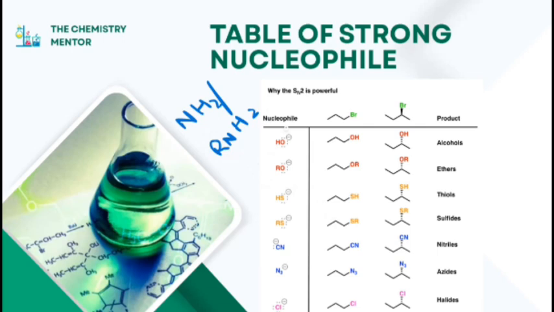Now let me discuss the iodide and bromide. As we have seen in the previous slide, the halide ions react as a leaving group, so you can also add them here.